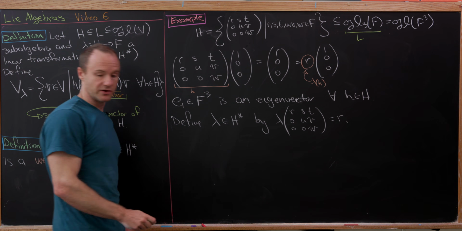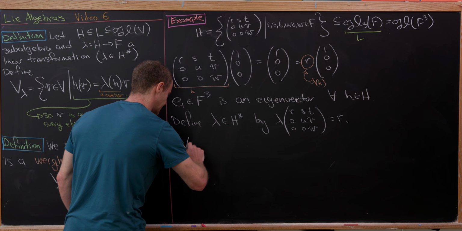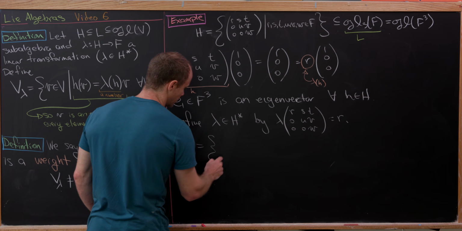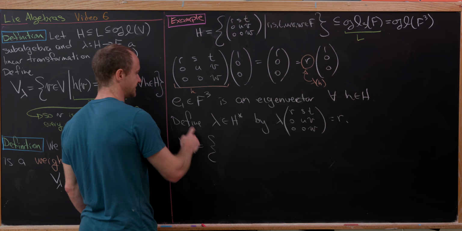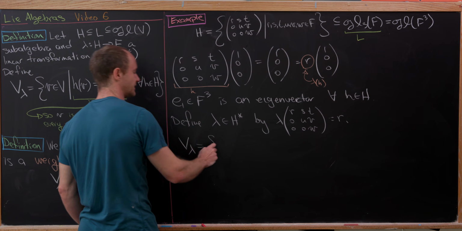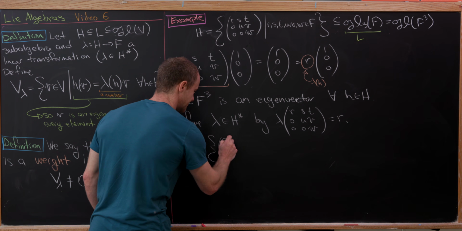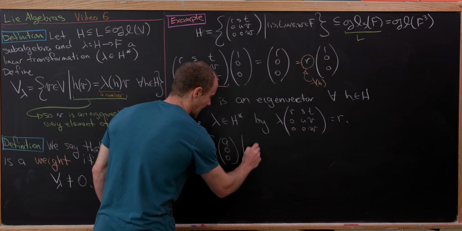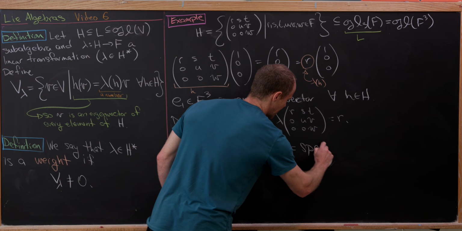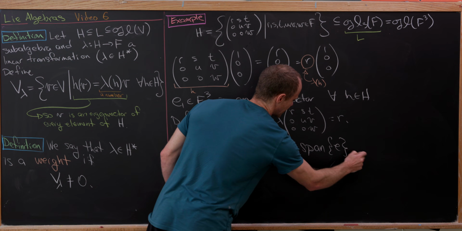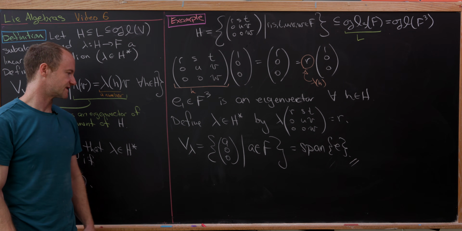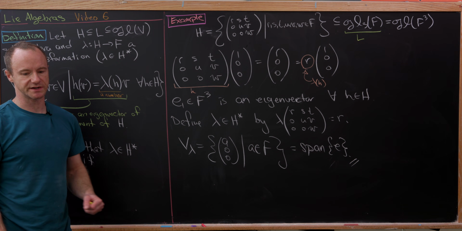Great. And then under this setup, we see that V sub lambda is equal to all vectors V satisfying this rule. So that's just all multiples of E1. We might as well write this as (a, 0, 0), as a runs through all elements of F. In other words, it's the span of the vector E1. And you can check that nothing else is inside of this V lambda if you wanted to.